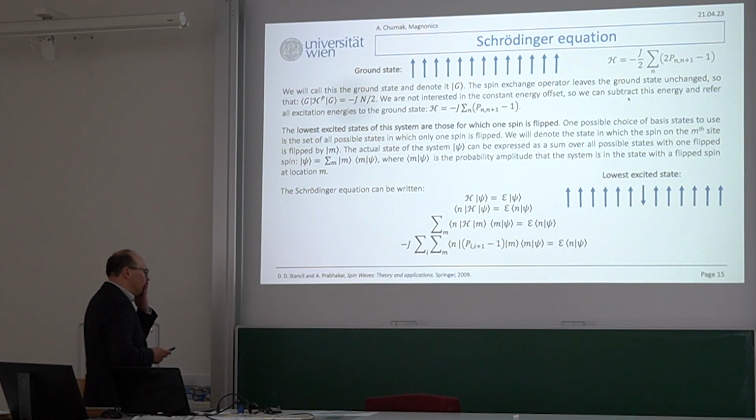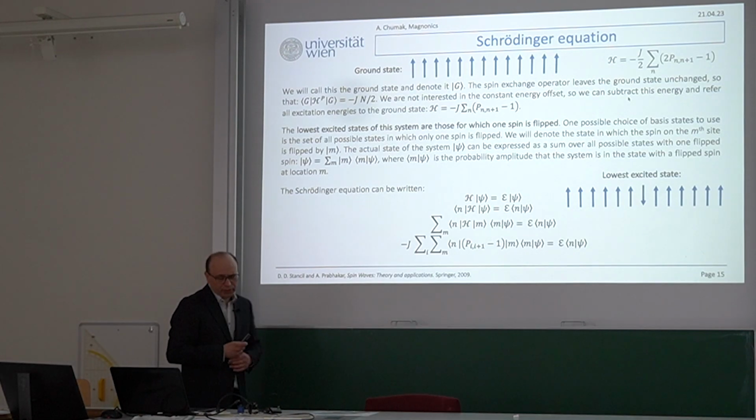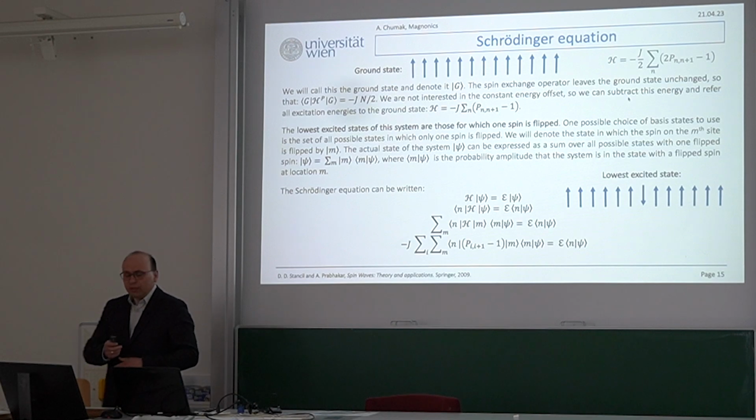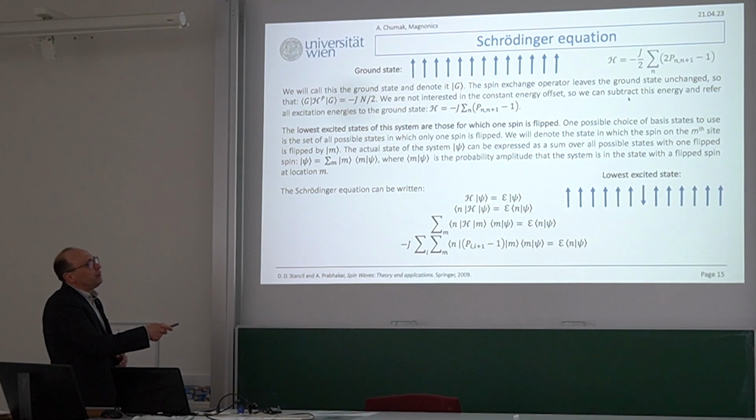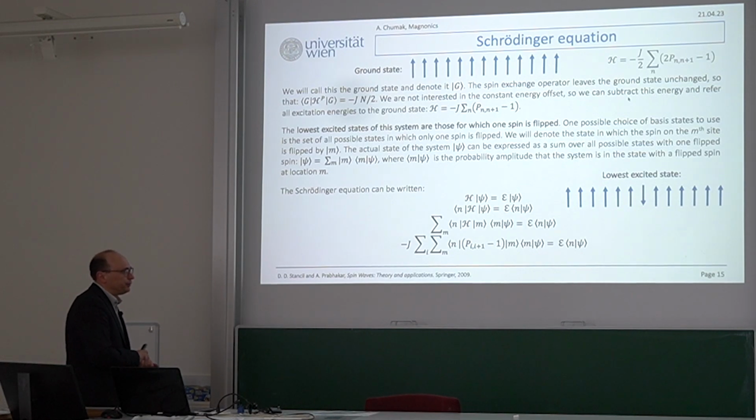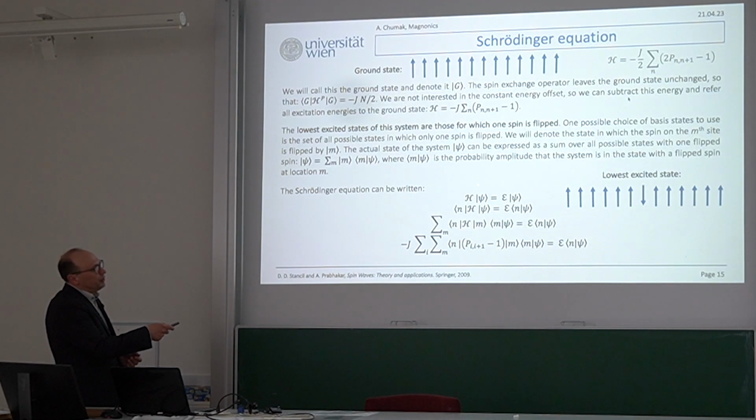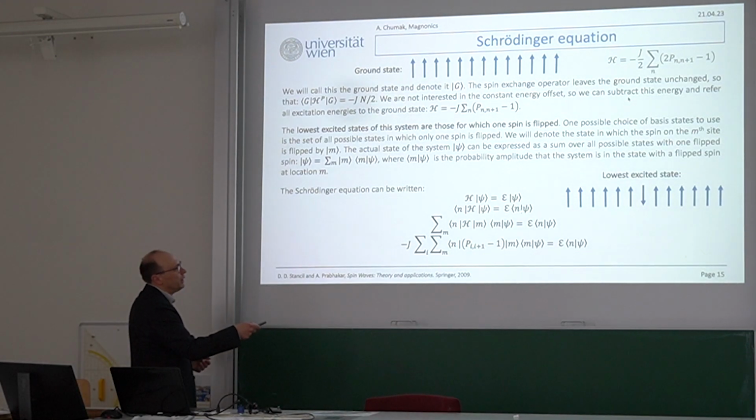Next, we are coming to the Schrödinger equation. The Hamiltonian acting on our state psi will give us energy times psi. Everybody knows this, a very simple step. Second, we add this bra n on the left and right side of the equation, and then we will get bra n Hamiltonian psi and bra n psi.